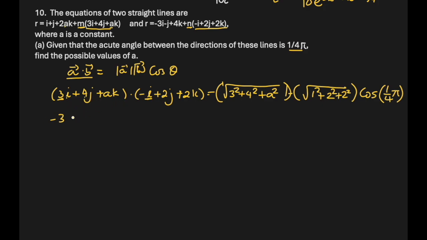So 4 times 2 is 8, a times 2 is 2a equal to, okay, this is 9, this is 16, so square root 25 plus a square multiplied by 1 plus 4 plus 4 is 9, square root 9 is 3, and cos 1 over 4 pi is 1 over square root 2.